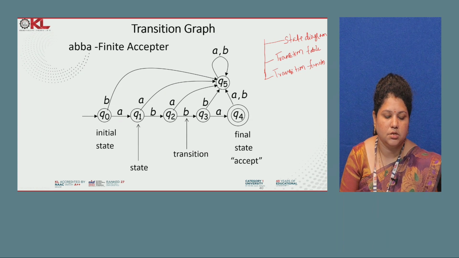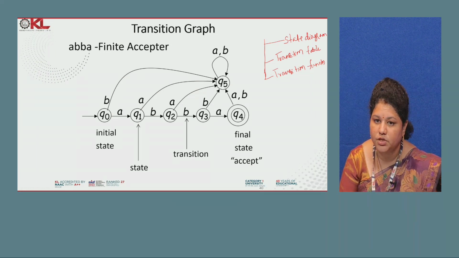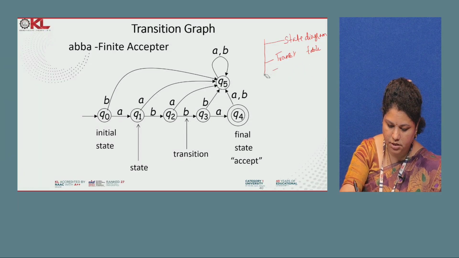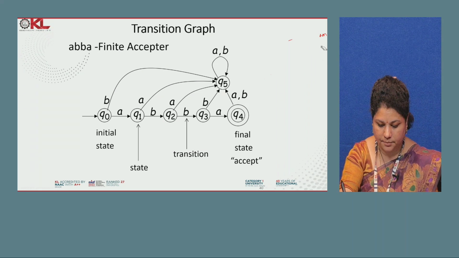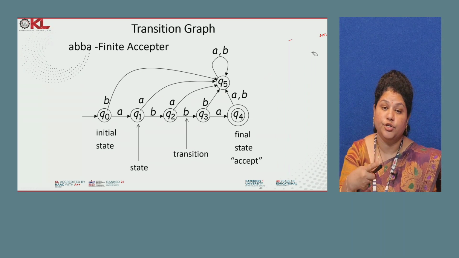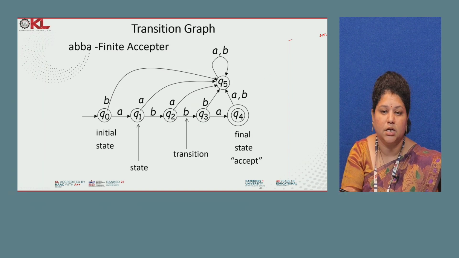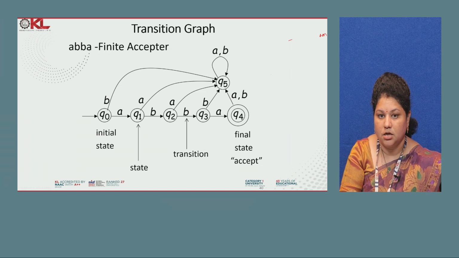Here, how the state diagram can be generated: first we have to know the mathematical representation of the DFA. Before going to draw this state diagram, we have to know the mathematical representation of the DFA.